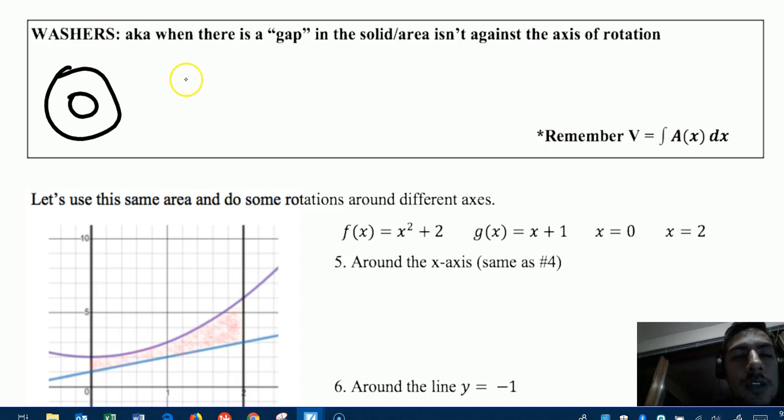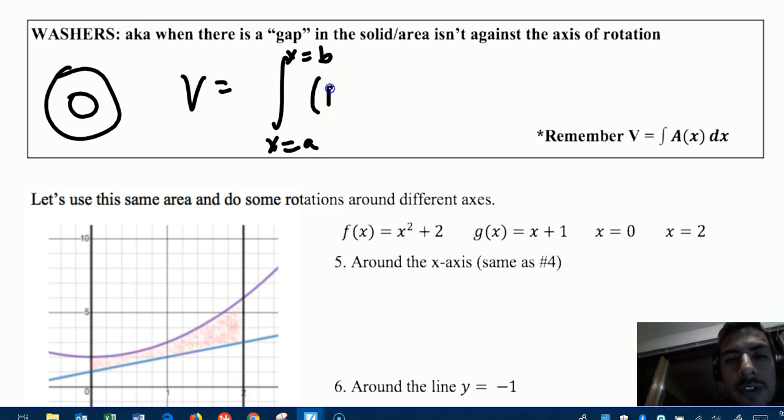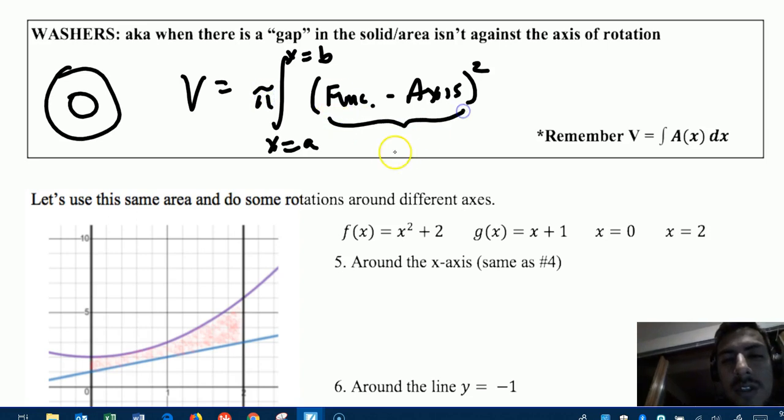Now, the formula that you can use to help you with this is going to be equal to, again, we'll do x equals a to x equals b of a function minus axis of rotation, so minus axis. We'll square it because it's the radius squared, pi. And this time we're going to call this the big radius.